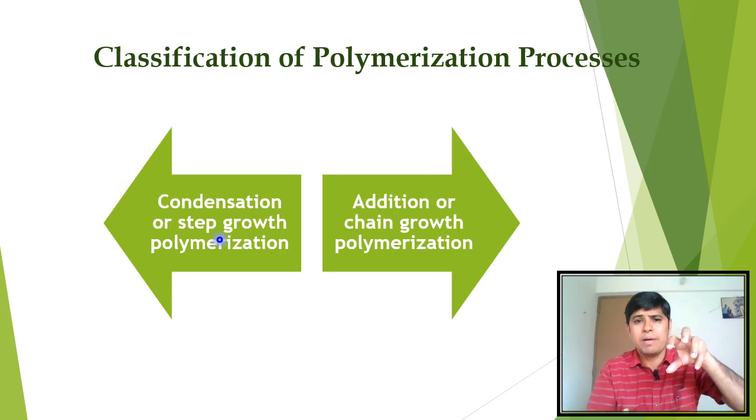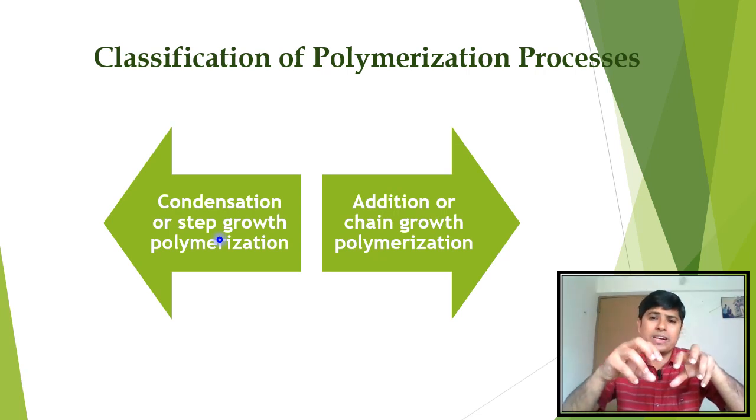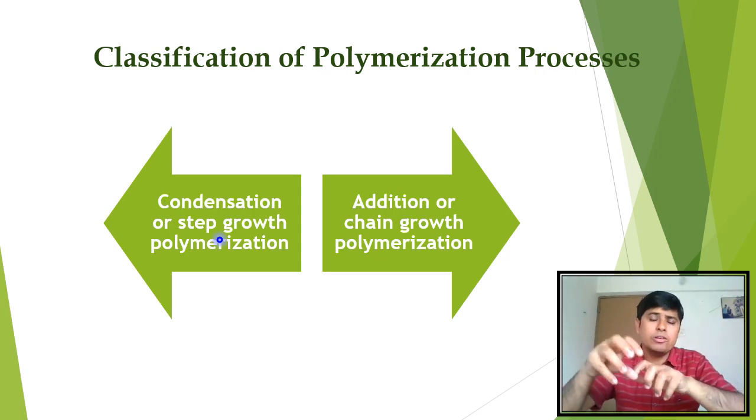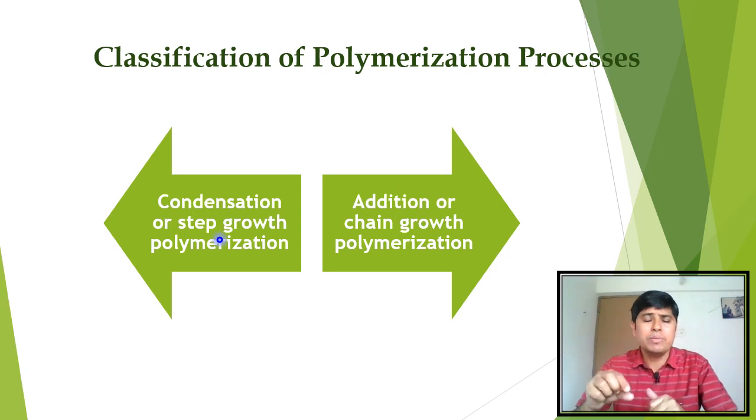One molecule condenses onto another, then a third molecule condenses onto that, and that will be a stepwise reaction. So this is also called step growth. After adding one molecule, the addition continues, so it is step growth polymerization.